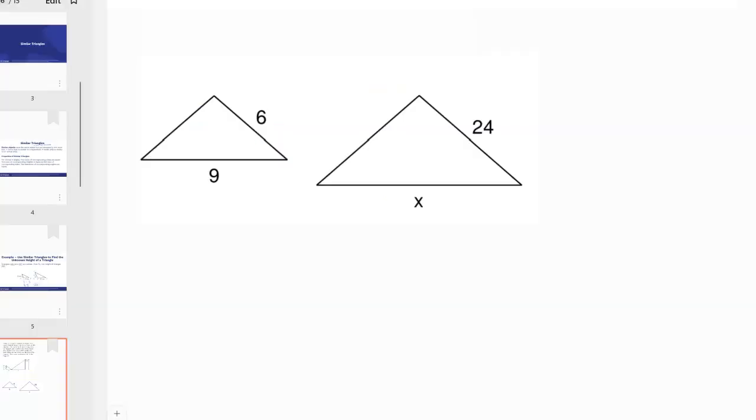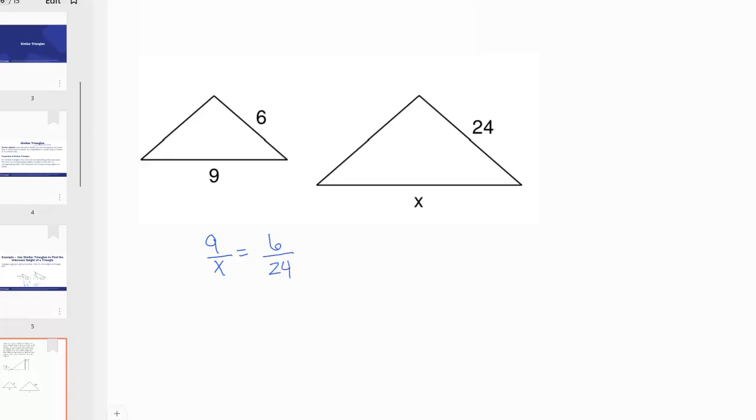So let's do a couple more examples. These are examples of similar triangles, and we want to figure out what this side is going to be. We're going to set up ratios to do it, just like we did before. We're going to say this side is to this side, so 9 is to x as 6 is to 24.